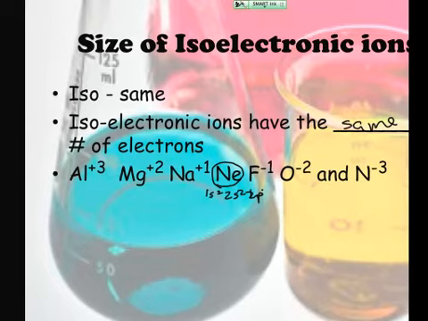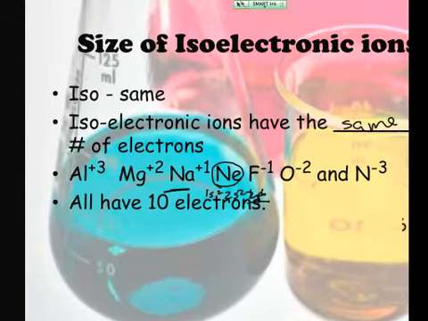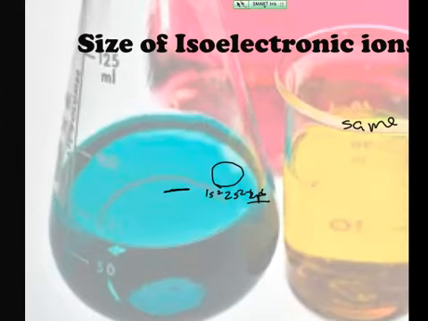So fluorine had to gain 1 to have 2p6. Sodium had to lose 1 because it would have normally been 3s1, right? So they all ended up looking like the configuration of neon. They all have 10 electrons. They all have the same configuration.